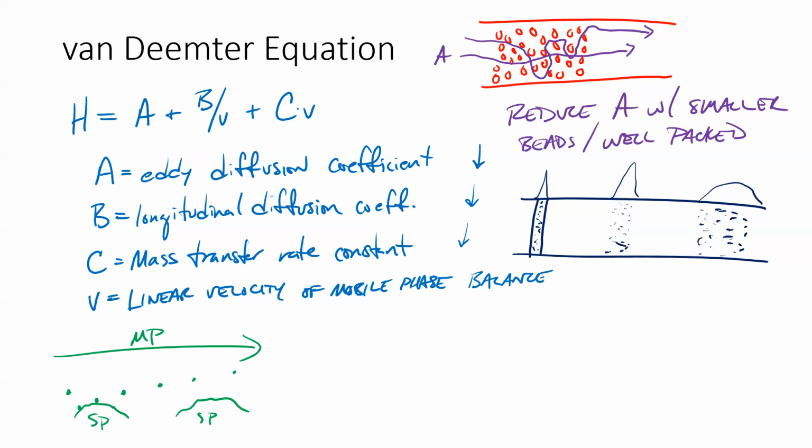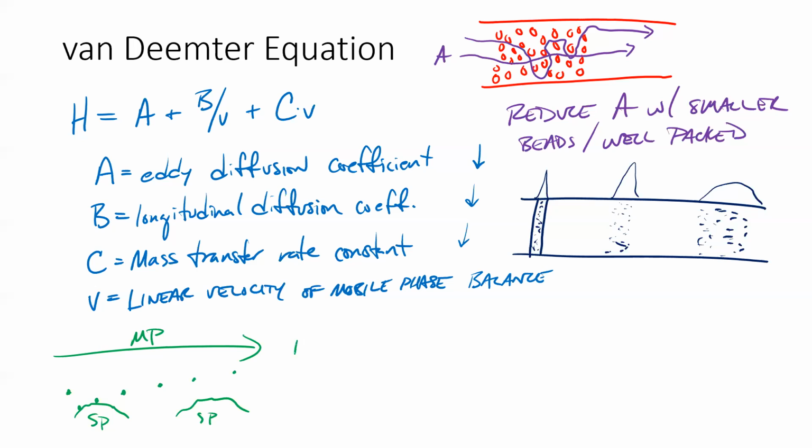As the mobile phase moves, it pulls the analyte that's in the mobile phase with it. And the stuff that's on the stationary phase has to do its KD, its distribution constant, before it can leave the stationary phase and go back into the mobile phase and join up with everybody else. So if what's in the mobile phase is moving and we have to wait for what's in the stationary phase, we're going to broaden our peak.